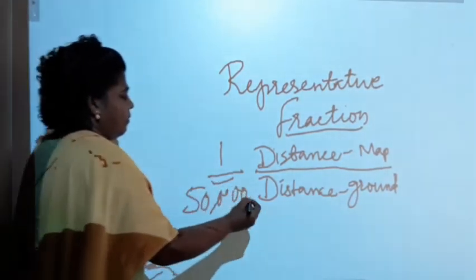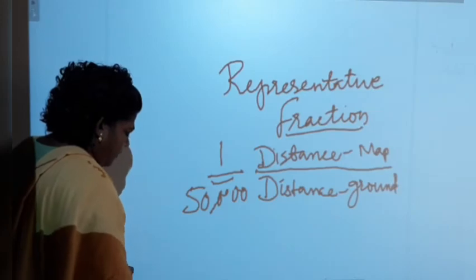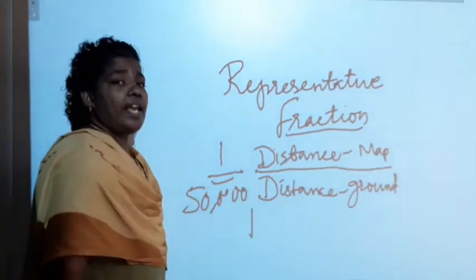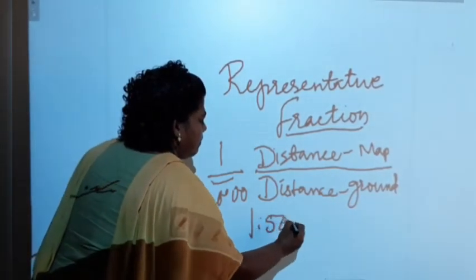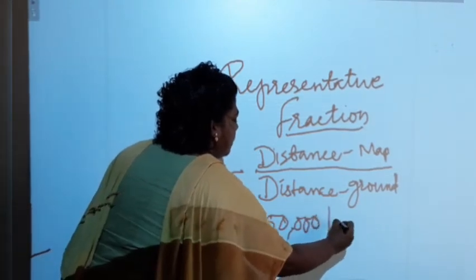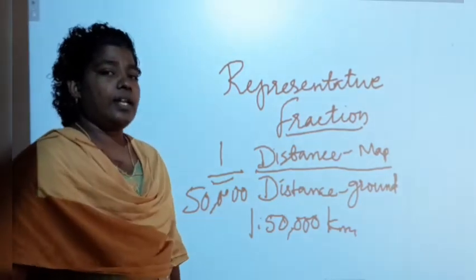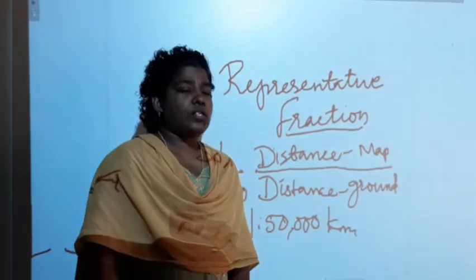For example, 1 can be taken as 1:5000 kilometers. Did you understand, children? Okay, this is representative fraction.